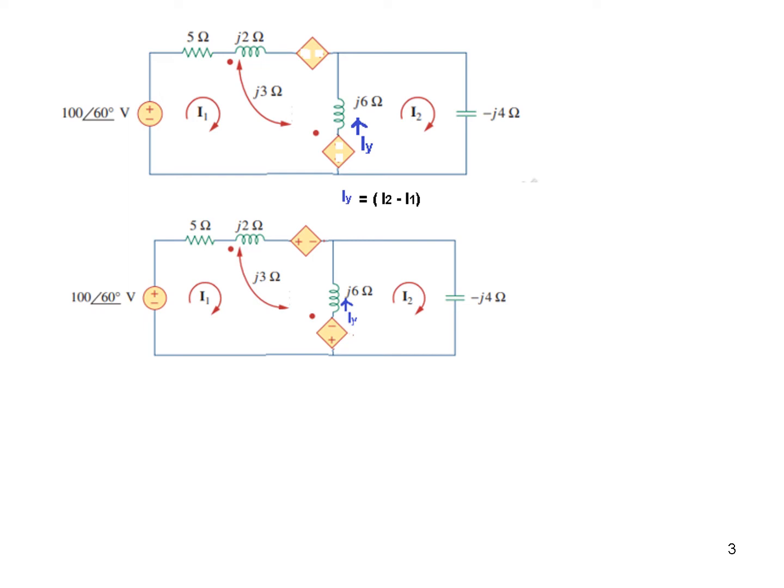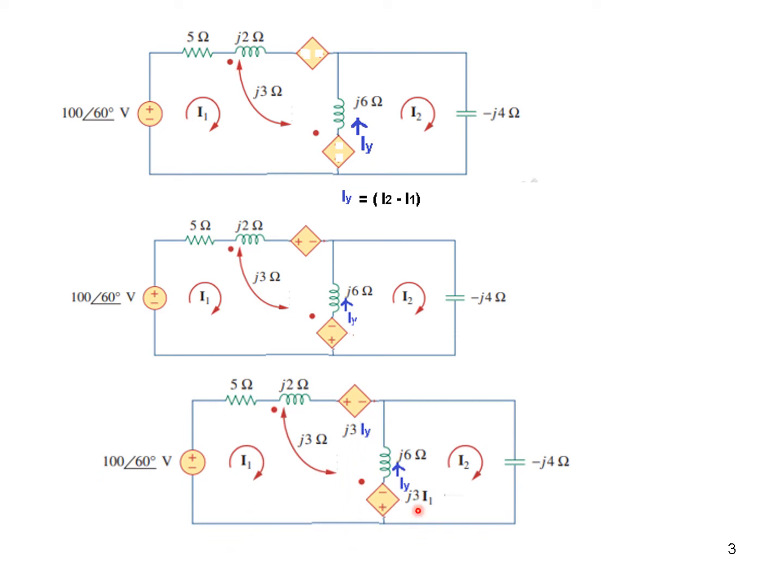Then the values. This is the mutual inductance M, j3. So the voltage here will be j3 I1, and the voltage on the other coil will be j3 IY.